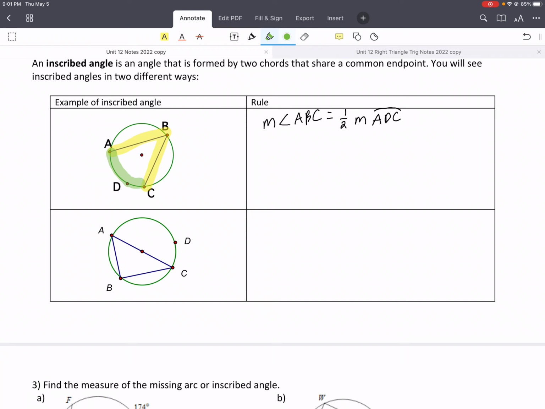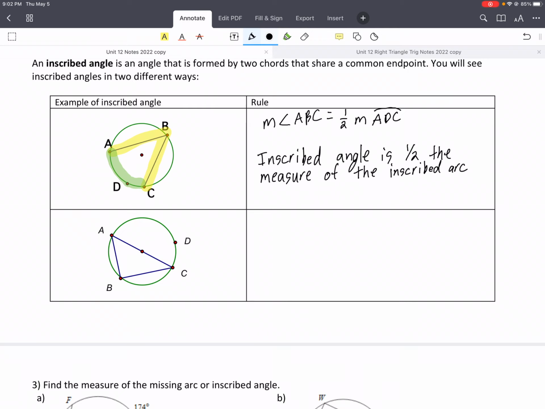Okay, so basically in general, the inscribed angle is half the measure of the inscribed arc. Okay, so that's one instance.